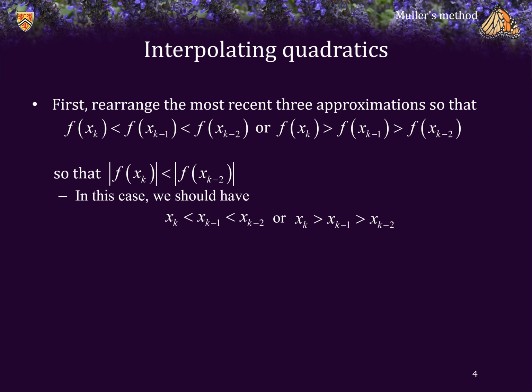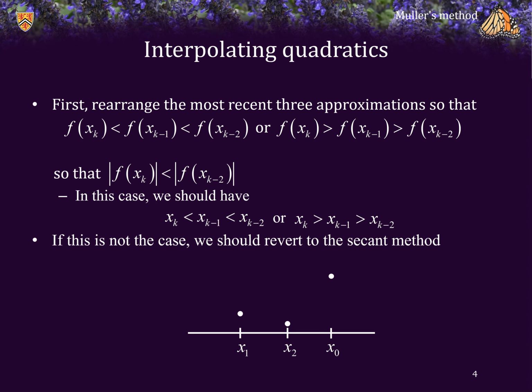Consequently, in this case, we actually do want the points to be in order on the real line. If this is not the case, such as in the example below where we've rearranged the points, then we may want to revert to using the secant method as opposed to finding an interpolating quadratic.